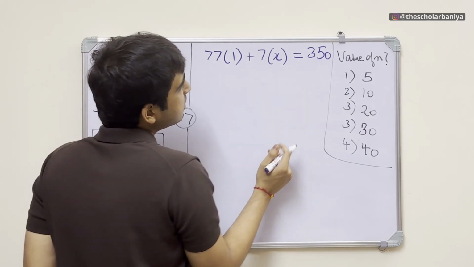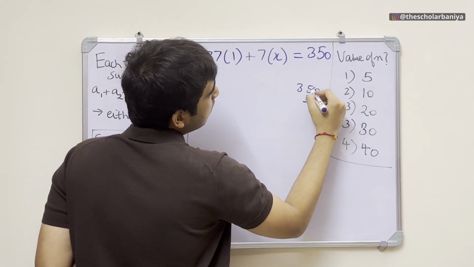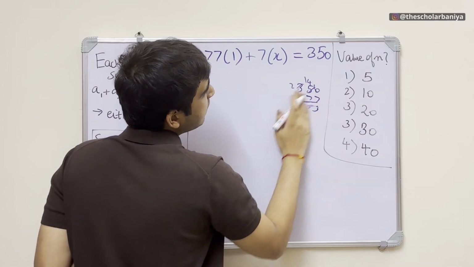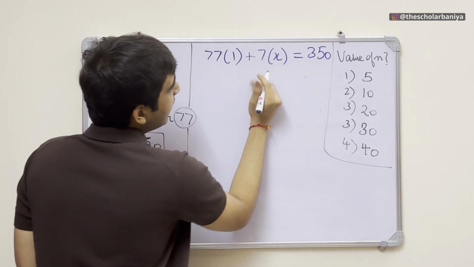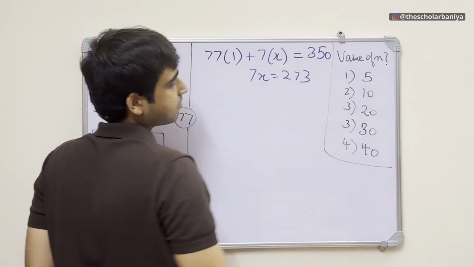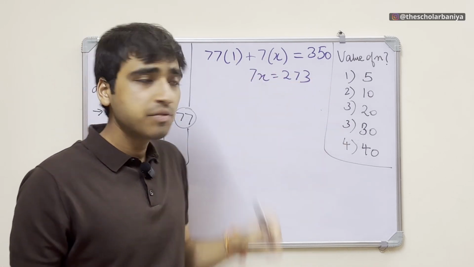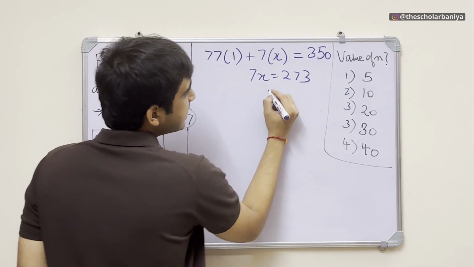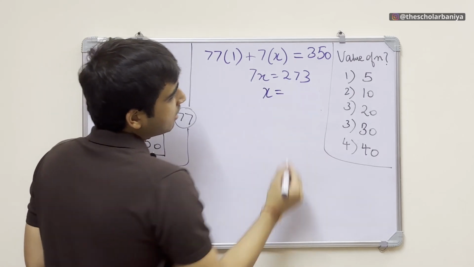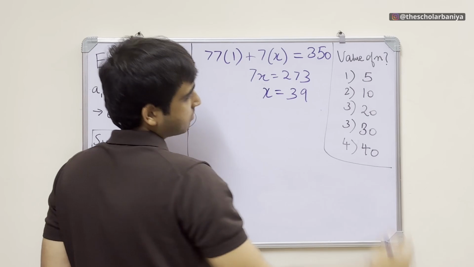Now if you solve this, if you do 350 minus 77, what will you get? You will get 273, right? So that means 7x is equal to 350 minus 77, which is 273. So what is x in this case? x is equal to 273 divided by 7, which is 39, since 7 3s are 21 and 7 9s are 63.